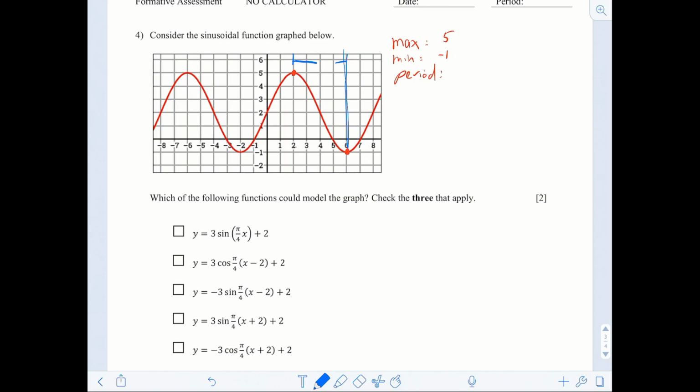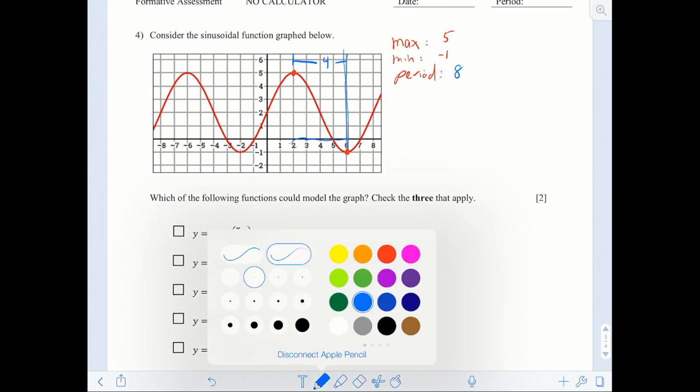It looks like I'm going 1, 2, 3, 4. So going from the max to the min takes 4 units, but that's only half a period. How long does it take to get back up again? That would be double that, so that would be 8.